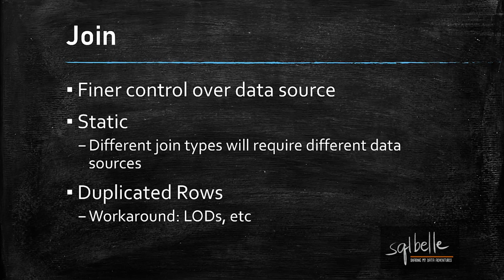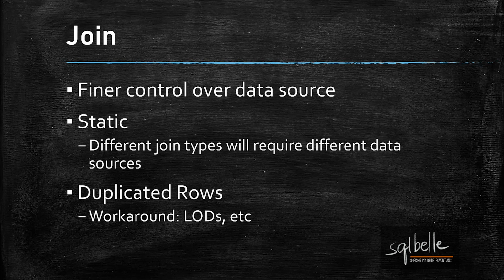So joins allow us finer control over the data source. We can decide if we want to have an inner join or an outer join. We can decide if we want to preserve records or not include them altogether. But the tables we create using joins are very static. If we require different joins for different kinds of views, let's say an inner join for one worksheet and an outer join for another worksheet, it means that we have to create different data sources.